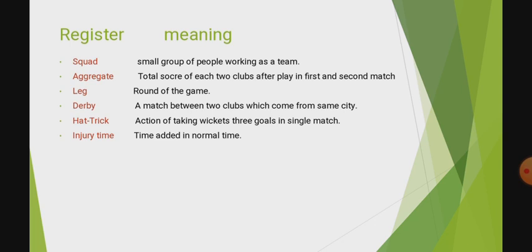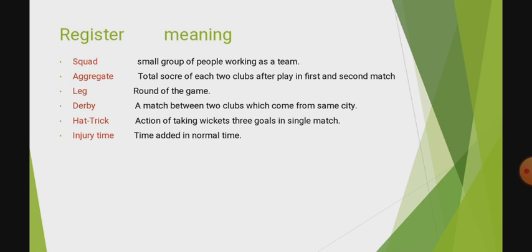So here are registers and their meanings, for example in football. Team means a small group of people working together. Aggregate means the total score of two clubs after the first and second match. Round of the game means a match between two clubs. Hat trick means the action of scoring three goals in a single match.